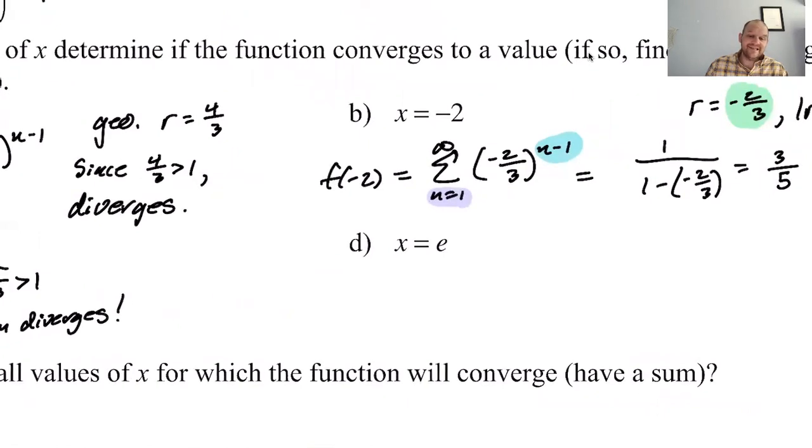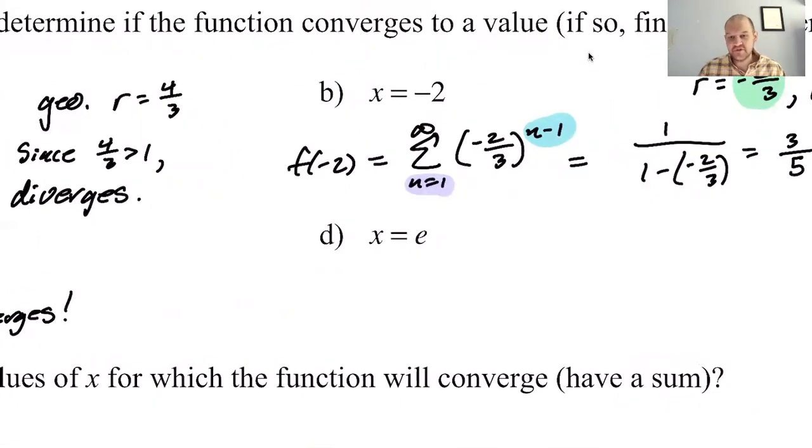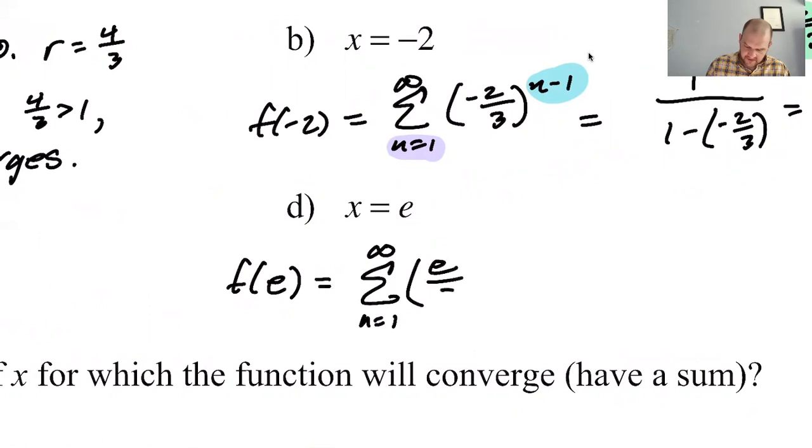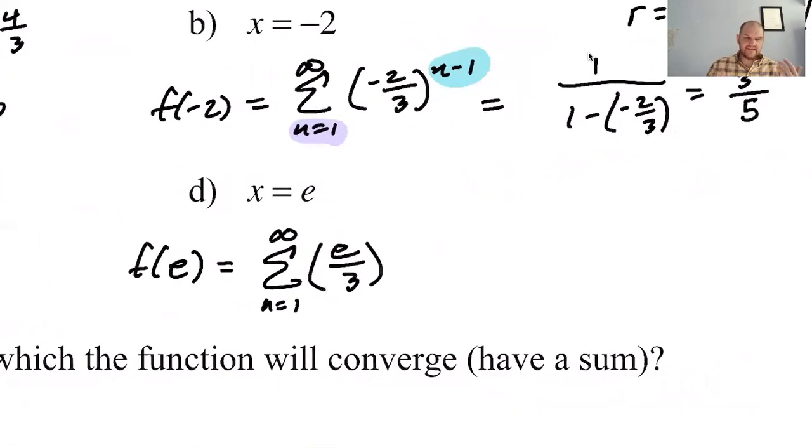On the other hand, e is less than 3, so we do have to bother with it, and it's kind of annoying. So f of e is going to be, they really like to use pi and e in your series, I don't really know why, actually. I guess because you can make more interesting geometric series if you include pi and e, because it introduces the notion that maybe you won't know the values of pi and e and their relative magnitudes. So it's going to be the first term.